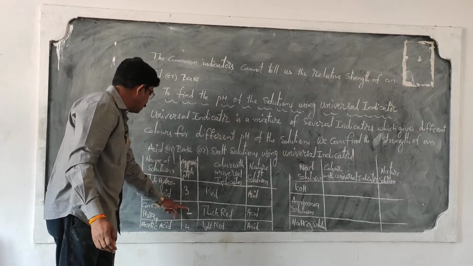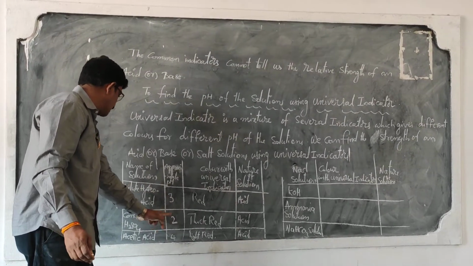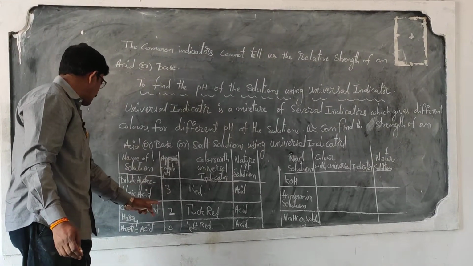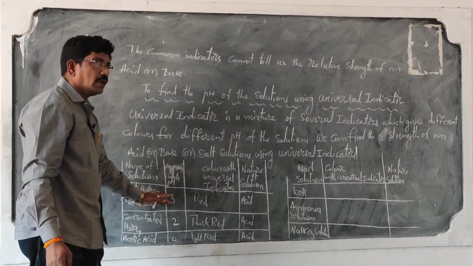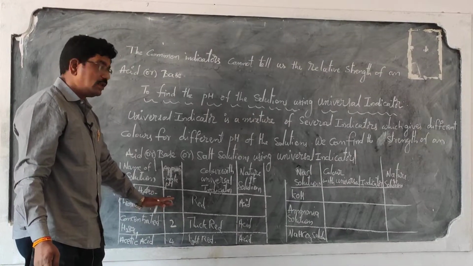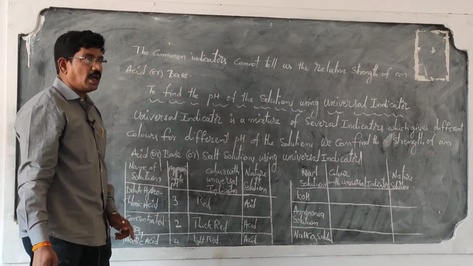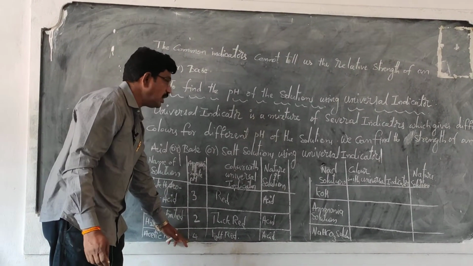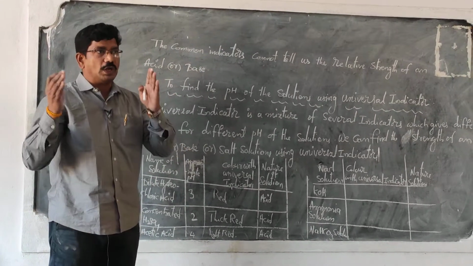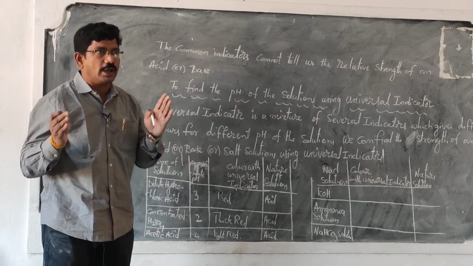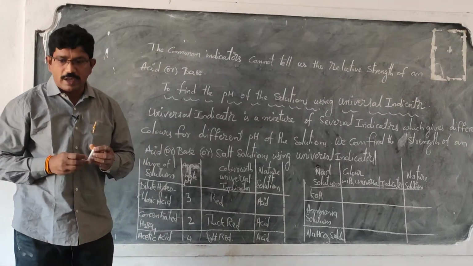Among these three, these two are strong acids: dilute hydrochloric acid and concentrated sulfuric acid. These are strong acids, and this one is a weak acid. If the pH is between 0 and 3, they are considered strong acids.